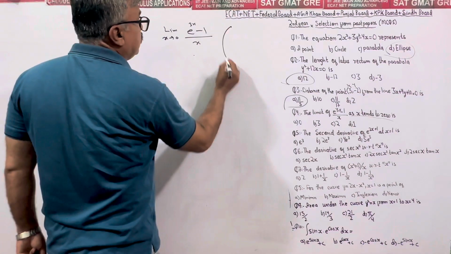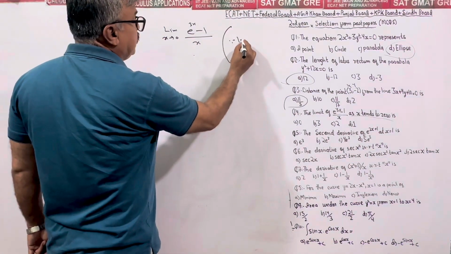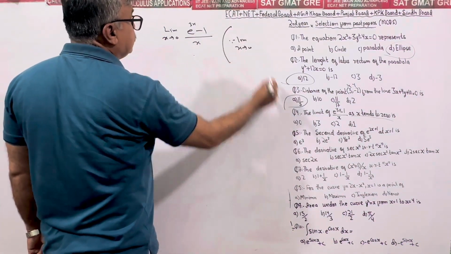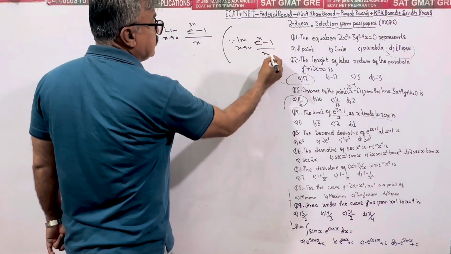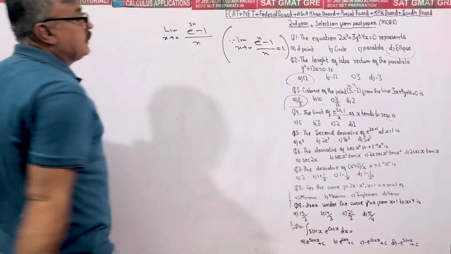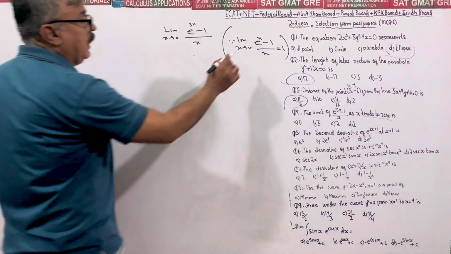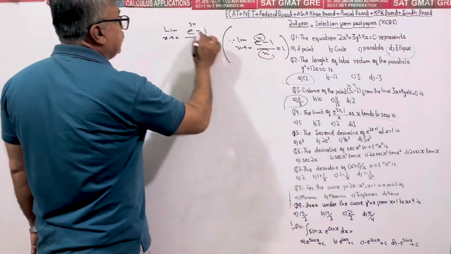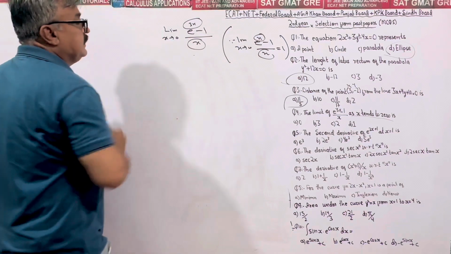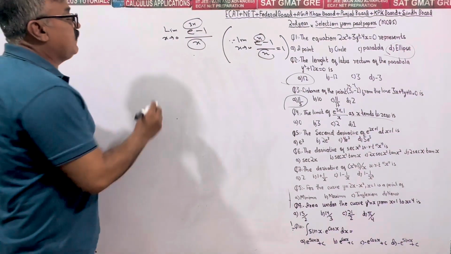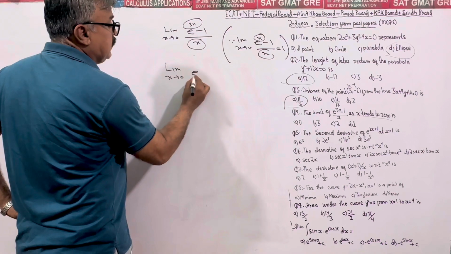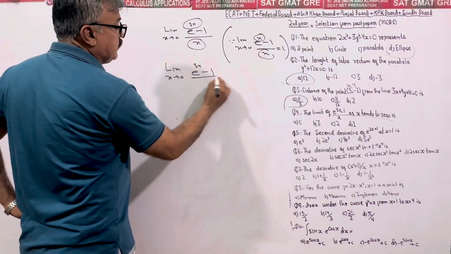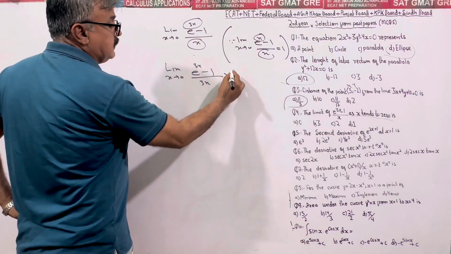We are familiar from fundamental identities at our second year level: limit of e raised x minus 1 over x is equal to 1. These two must be the same. There is 3x, there must be 3x. So there is a deficiency of 3. Divide and multiply by 3. Limit x tends to 0, e raised 3x minus 1 divided by 3x.